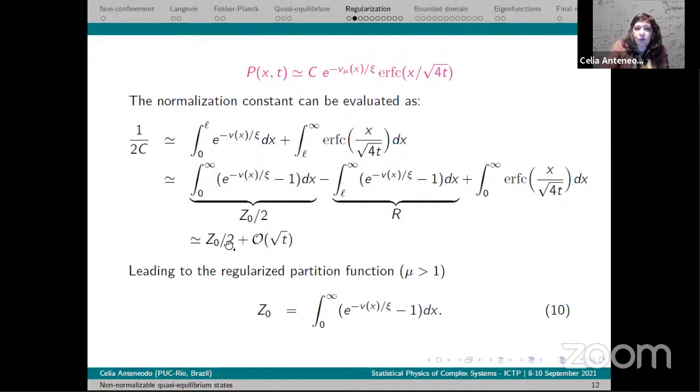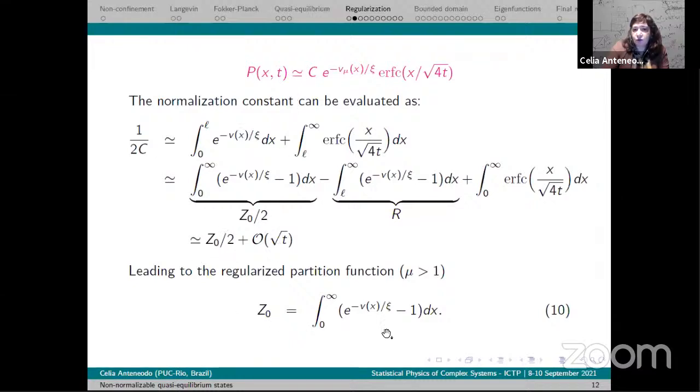So here, making a relation between these 2 terms, we can extract the time scale that defines the exit from the plateau. For times such that this term is much larger than this one, we can approximate the normalization constant.